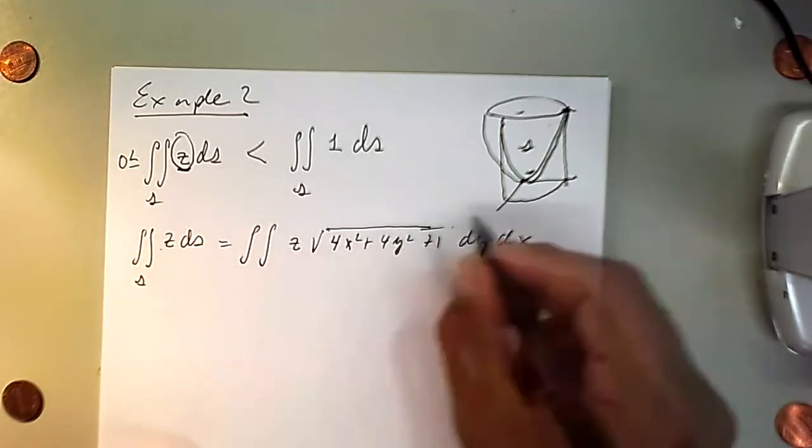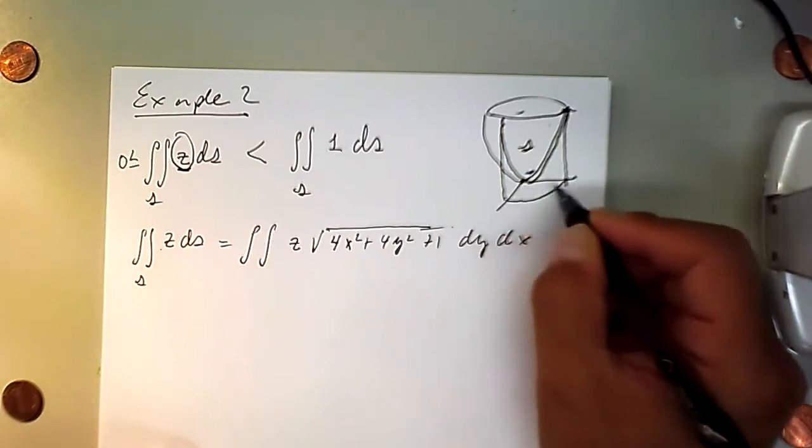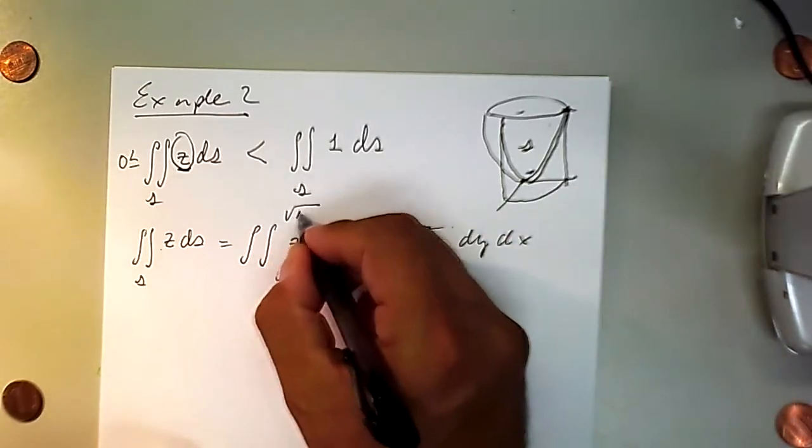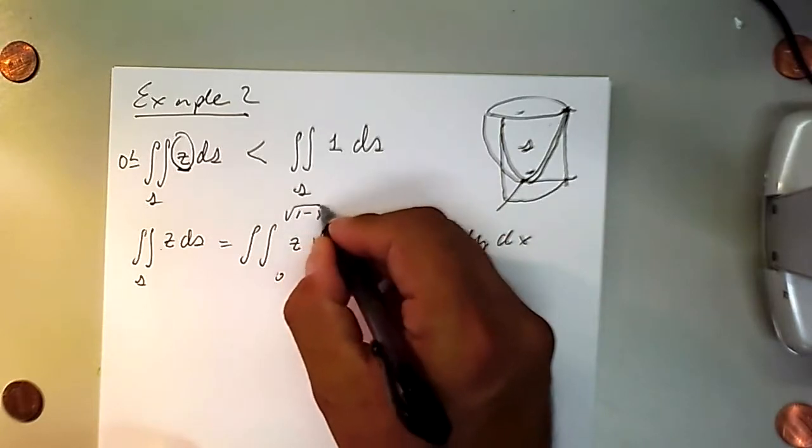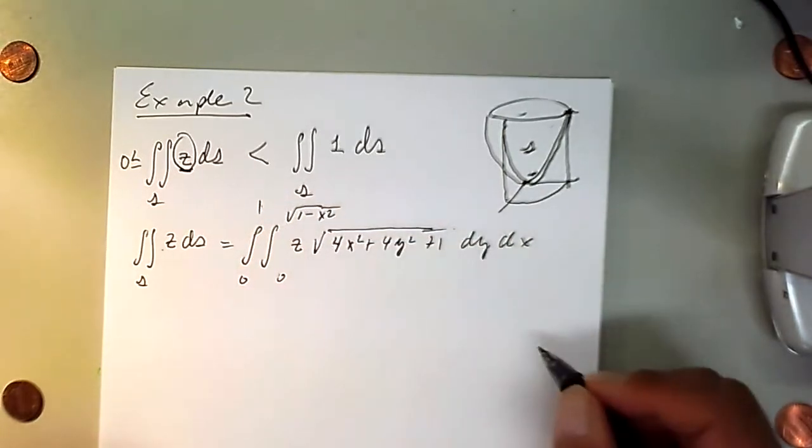And y goes in this little quarter of a circle from 0 to the square root of 1 minus x squared, and x from 0 to 1.